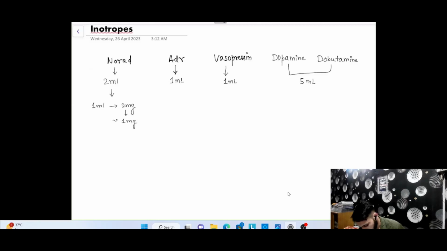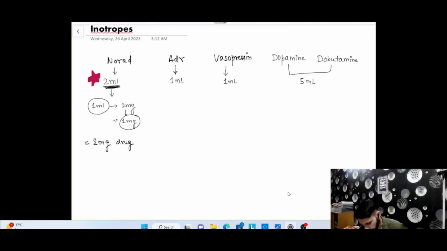So in reality, 1 ml of NORAD contains only 1 mg of NORAD, and because the ampule size is 2 ml, this will lead to 2 mg drug in one ampule. So basically, in one NORAD ampule, we have 4 mg drug written, which is equivalent to actually only 2 mg.